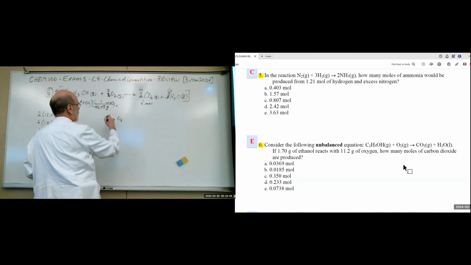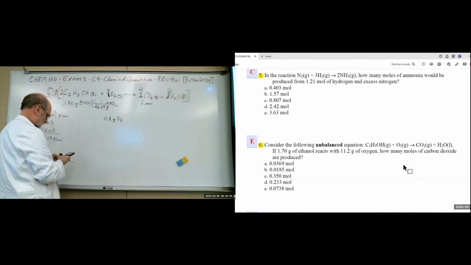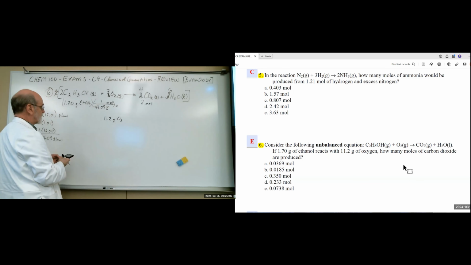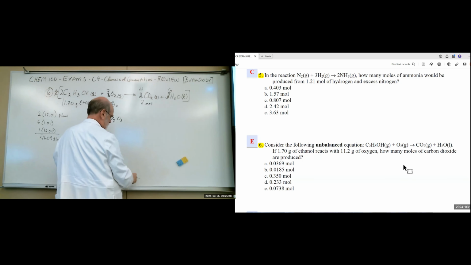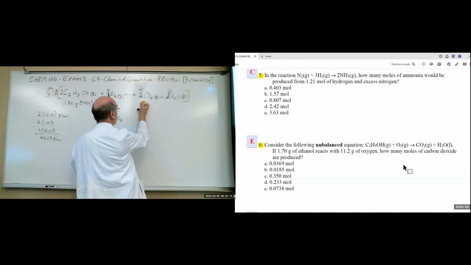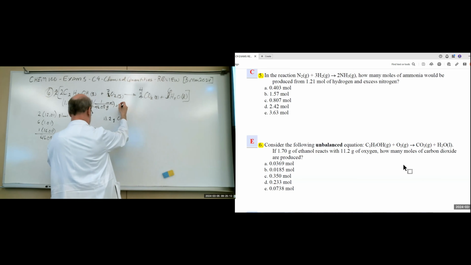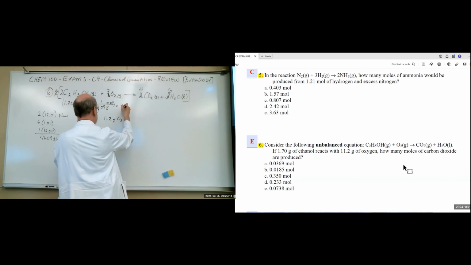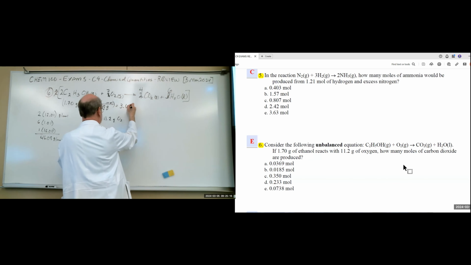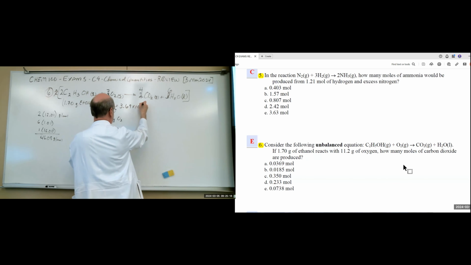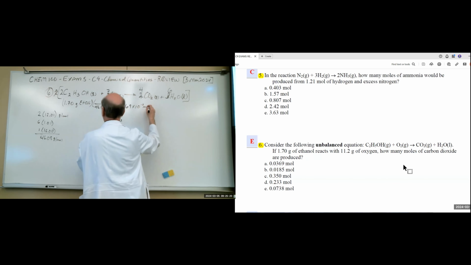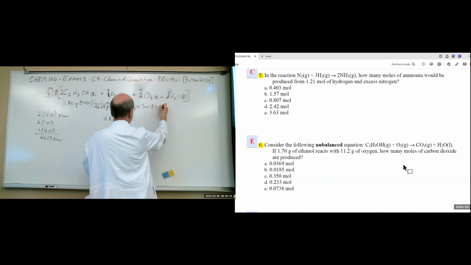All right, so what do we get here? 1.7 times that. No, divided by that. There we go. So this is 3.69 times 10 to the minus 2 moles of ethanol.